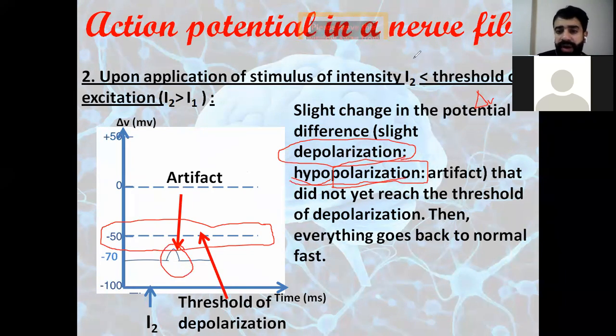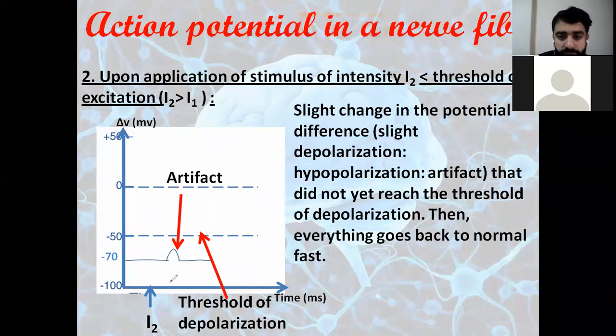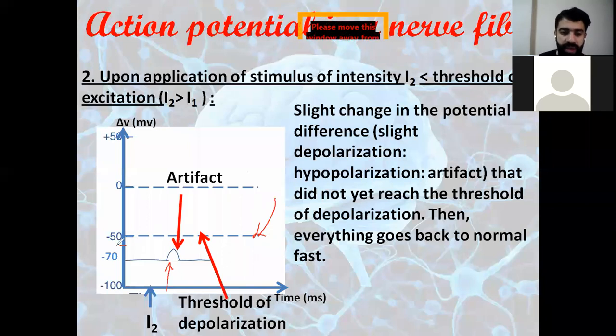This hypopolarization is due to the change in the potential difference, but it didn't reach the threshold of depolarization, the one shown in this line, which is minus 50 millivolts. It didn't reach the threshold of depolarization, so everything will go back and we will have no action potential.